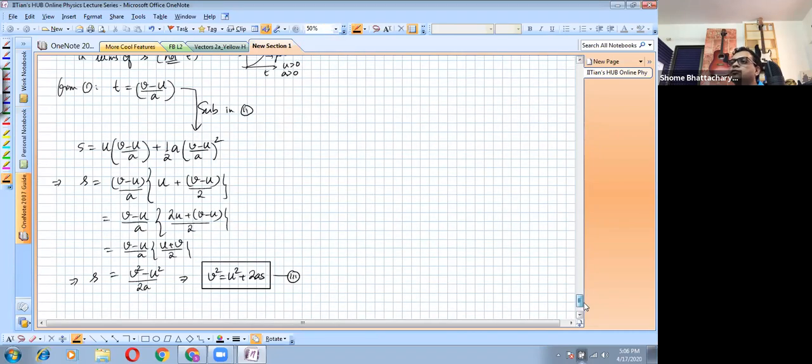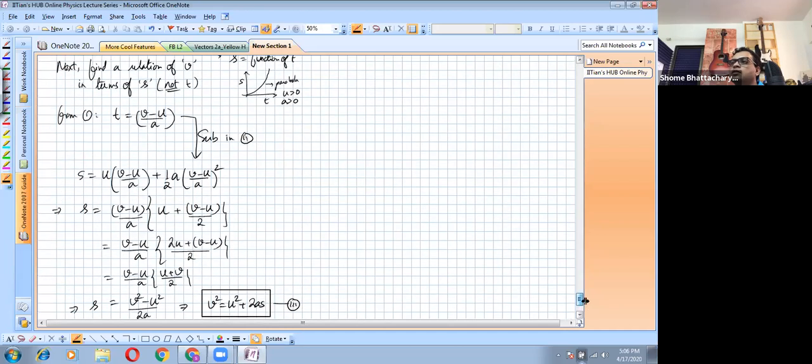It's a very useful equation in terms of solving, but it's not really any new information in terms of physics. So hope this part is clear, people.